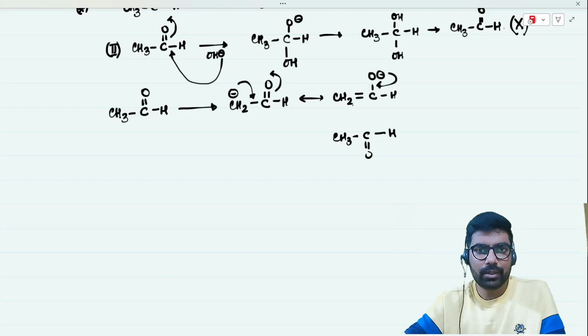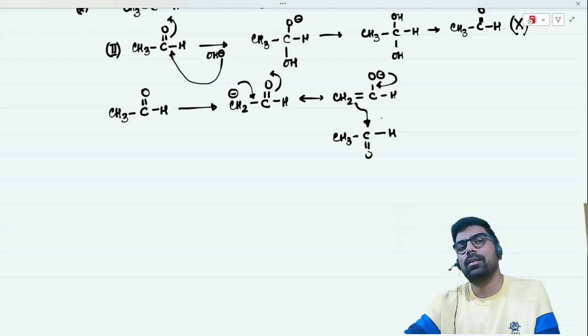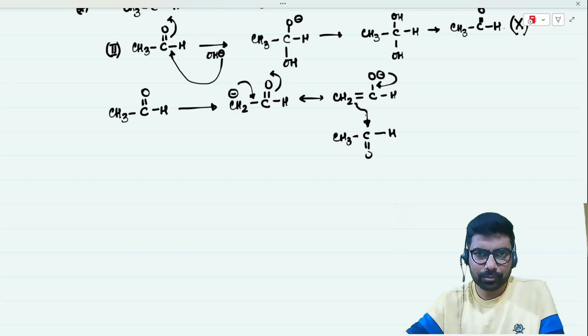We are pushing back this one. The carbon is attacking this, or the double bond is attacking this one. If you're doing the arrow, then basically we do it something like this. This will attack this carbon. Now one might think, then why push back? And we are forming a product something like this, right?